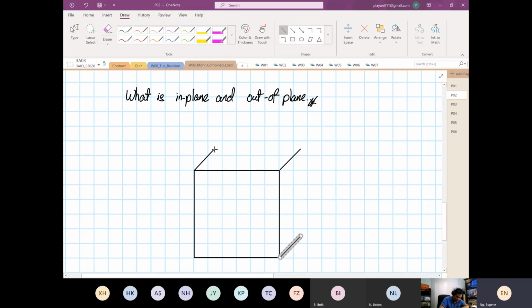So this is our 3D element. Then I'm going to draw our transformation axes.